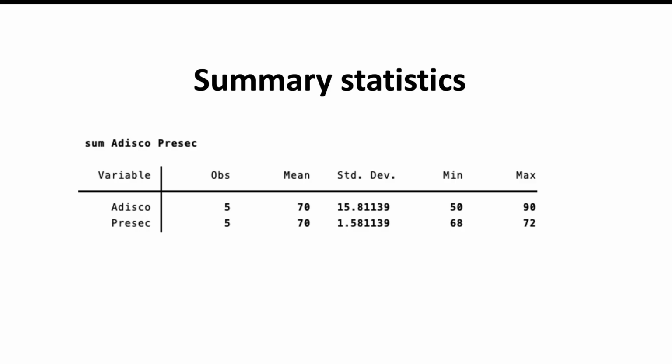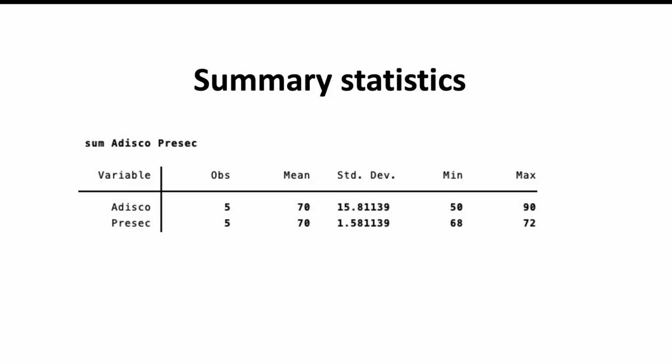But in actual sense, how do you determine what a small standard deviation is? How do you determine how small a standard deviation is or how big a standard deviation is? You can only do that when you have two comparable data sets, two or more comparable data sets.